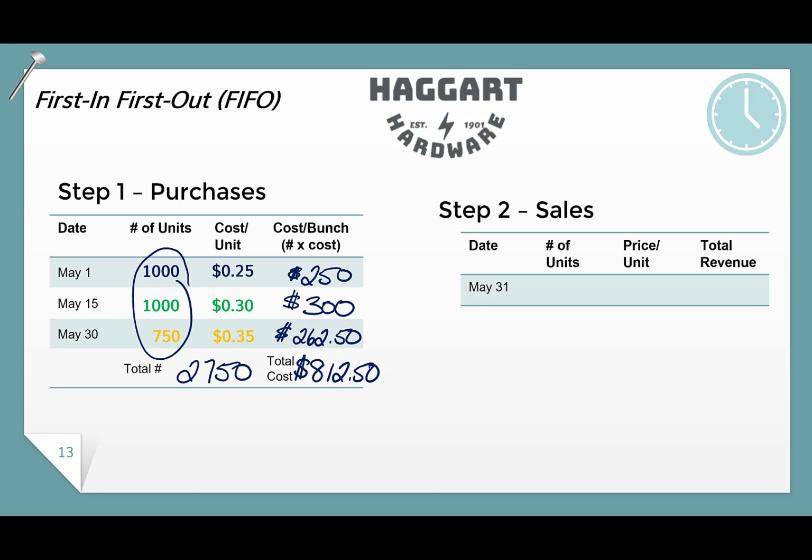So I moved to step 2 to track the sales revenue, which equals $385. From here, the company uses FIFO to assign value to the 1,100 nails that have been sold to figure out the cost of goods sold. They also use the FIFO cost formula to assign value to the remaining nails, and that will give them a value for ending inventory.